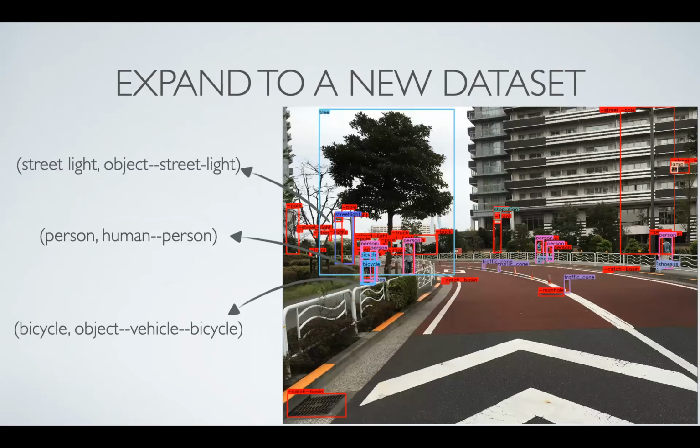Specifically, we run our unified model on the Mapillary training set. We look at the overlap between our model predicted bounding boxes and the ground truth bounding boxes in the new dataset. For each class in the new dataset, we count how many boxes of each category in the existing label space have significant overlap with it.